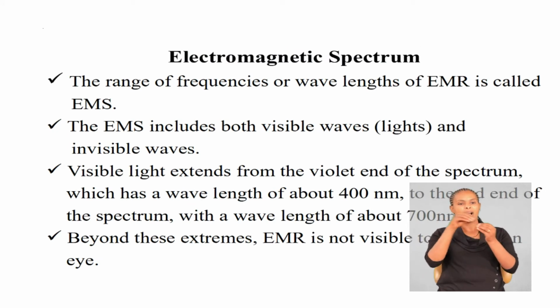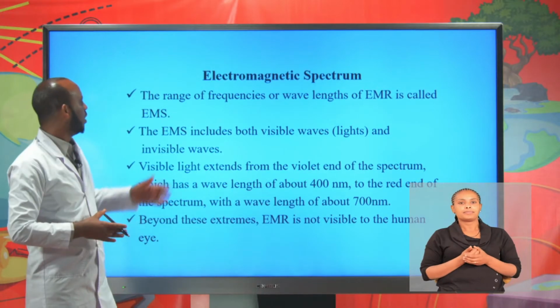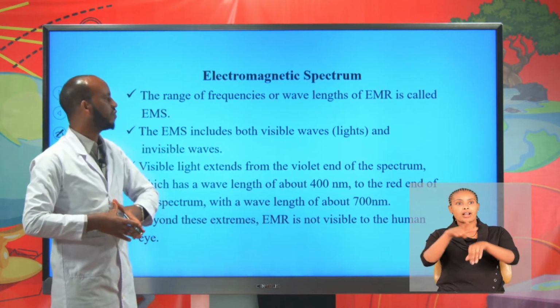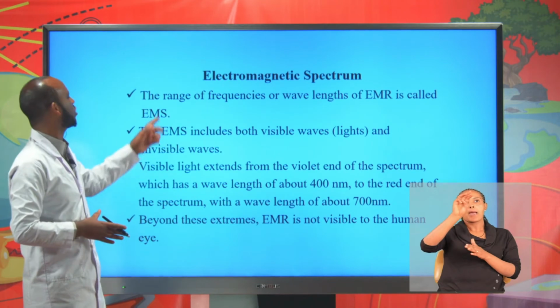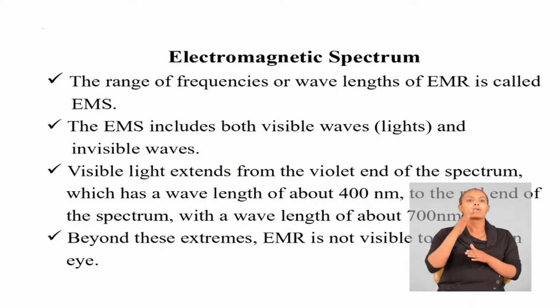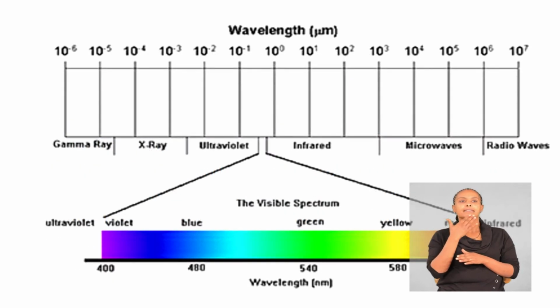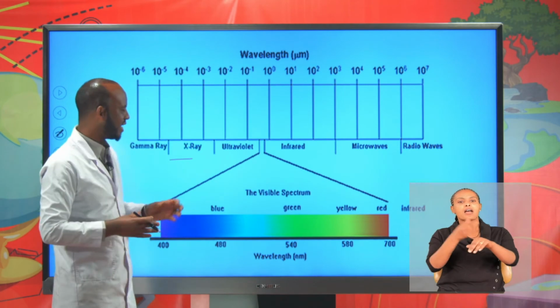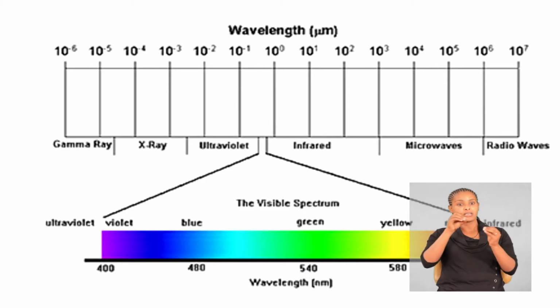Electromagnetic spectrum. The range of frequencies or wavelengths of electromagnetic radiation is called the electromagnetic spectrum.